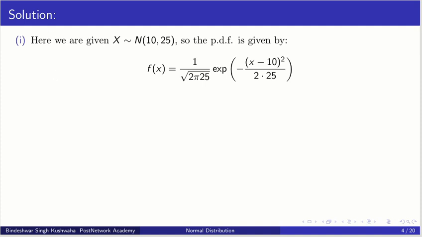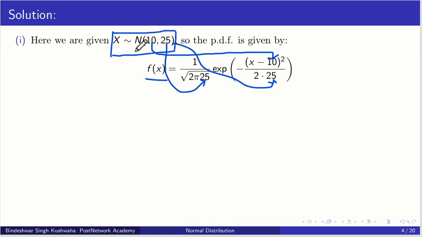We will just plug in the mean, 10, and the variance, 25, and that is the PDF of the normal distribution followed by x.